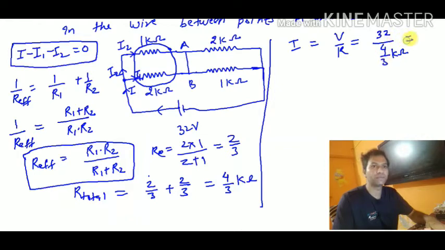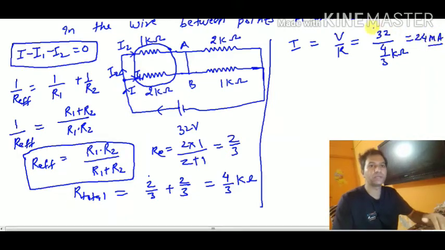After solving you will get 24 into 10 raised to minus 3 ampere. It means 24 milliampere. So from here the circuit will receive 24 milliampere current from the battery.